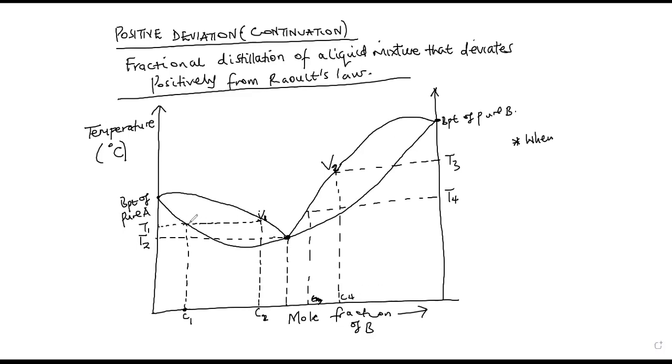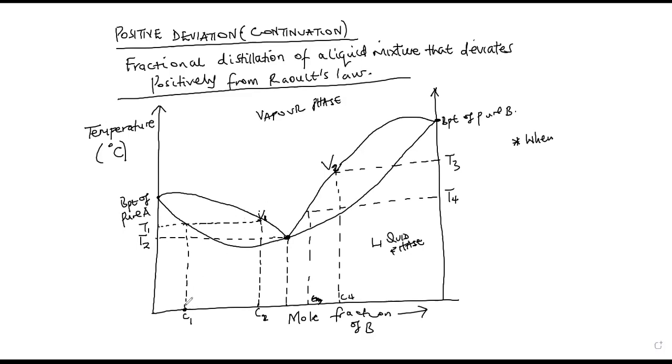Don't forget that this is the vapor phase, and this is the liquid phase. Condensation of this vapor V1 will produce a liquid of composition C2, which has a composition similar to that of V1.